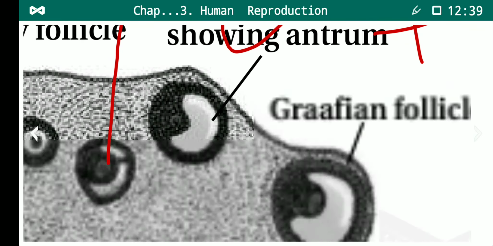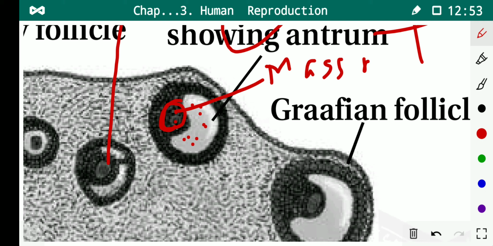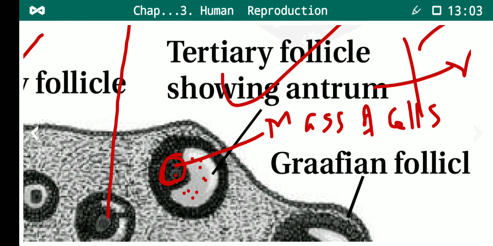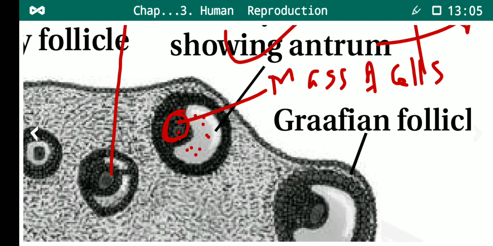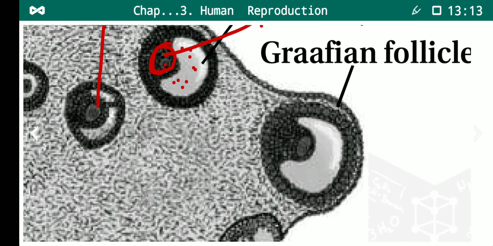Here you see the antrum, filled with fluid. Here is the mass of cells, and here is the layer. This inner mass is converted into the secondary oocyte.